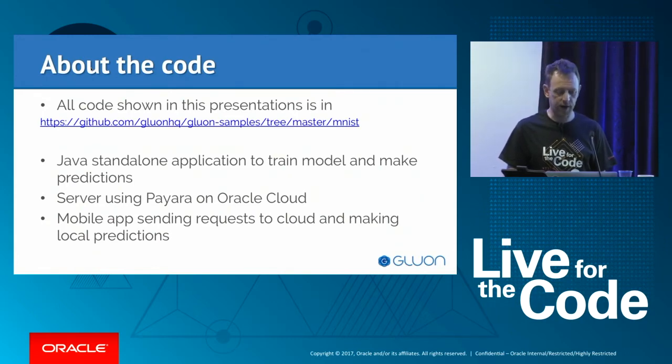It's running on the Oracle Bare Metal Cloud, so the classic instance. And the third part of the code is a mobile application, and that mobile application is sending requests to the cloud, and it asks, what do you think this is? And then the cloud is making a prediction and is sending it back to the mobile application.